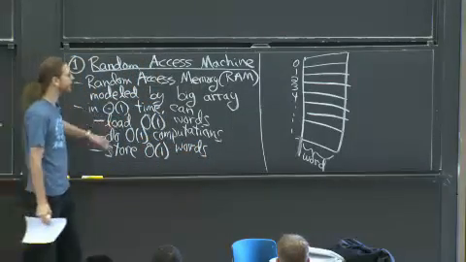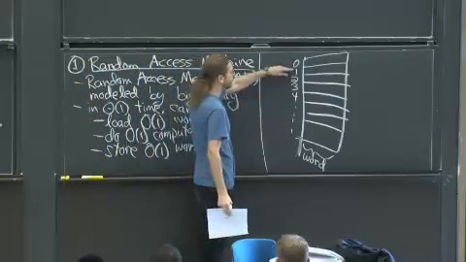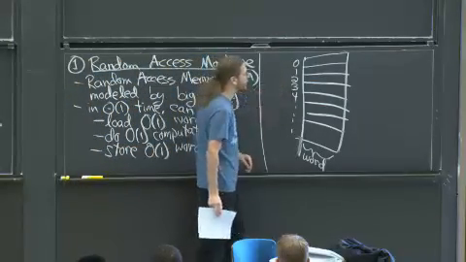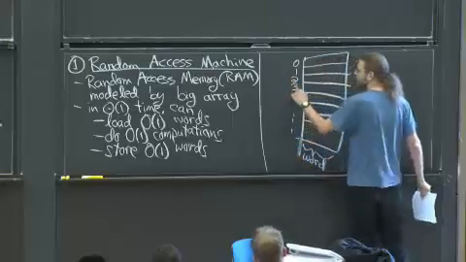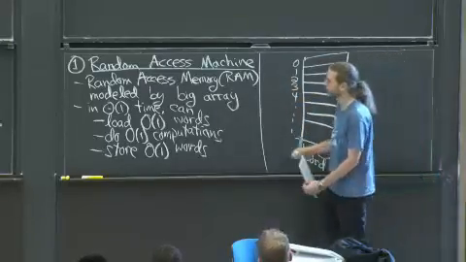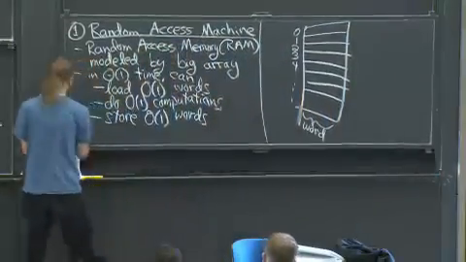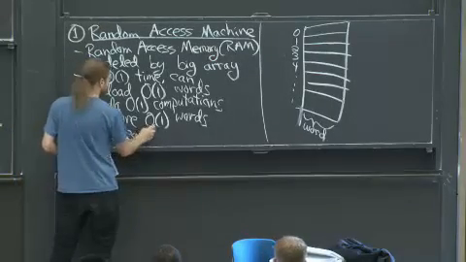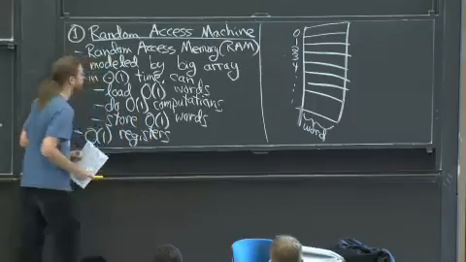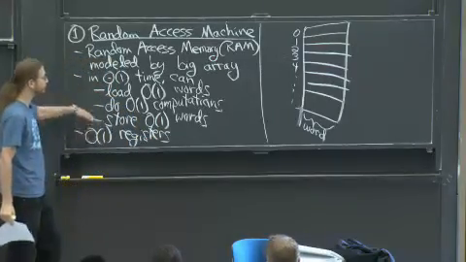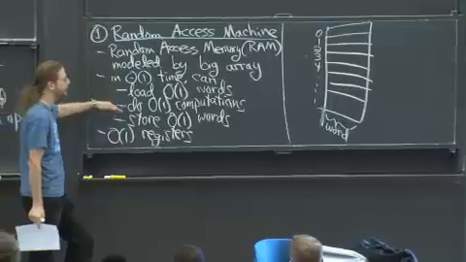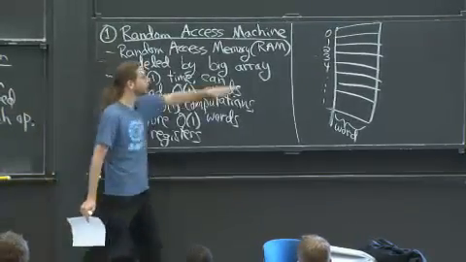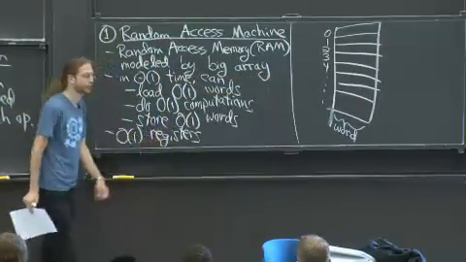Okay, it needs to know where these words are. It accesses them by address. And so I guess I should write here, you have a constant number of registers just hanging around. So you load some words into registers. You can do some computations on those registers. And then you can write them back, storing them in locations that are specified by your registers.